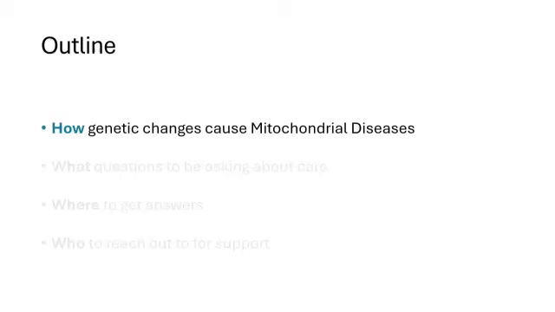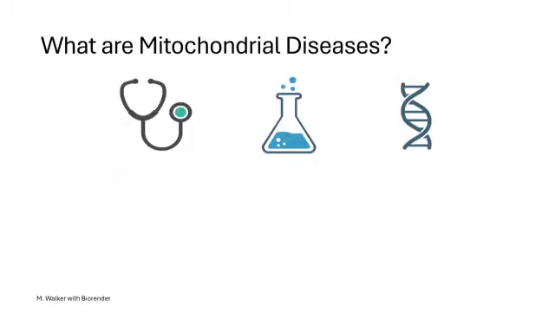So starting with how genetic changes cause mitochondrial diseases. That begs the question, what is a genetic mitochondrial disease? As clinicians and as scientists, we have three different ways we think about this. We can describe a disease or disorder in a clinical manner by its symptoms and clinical signs.